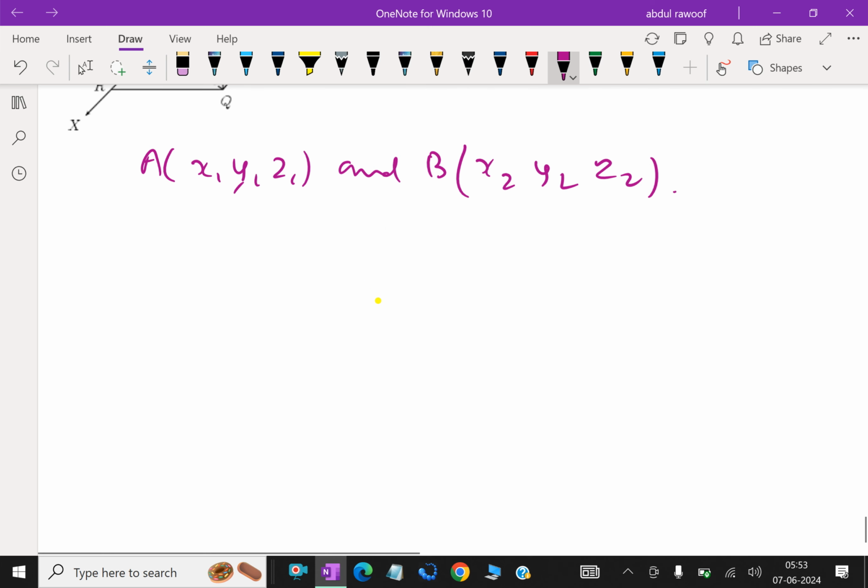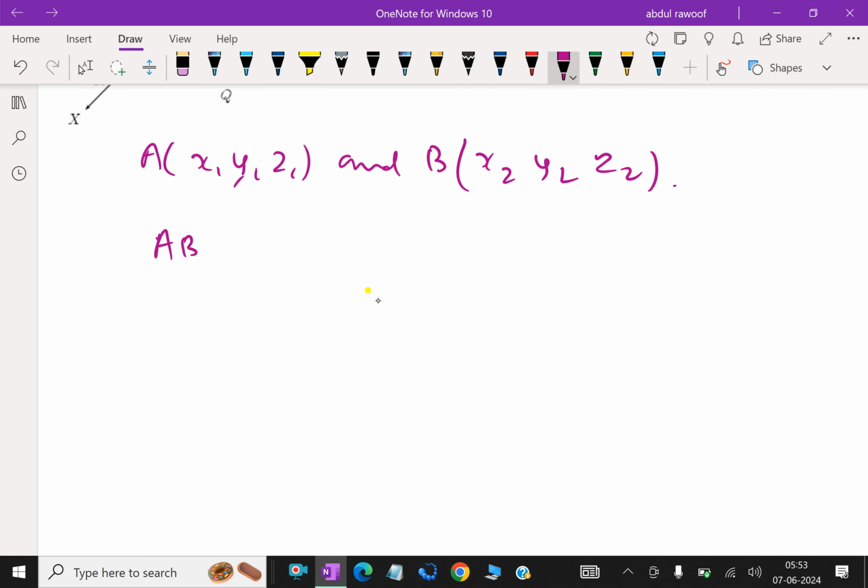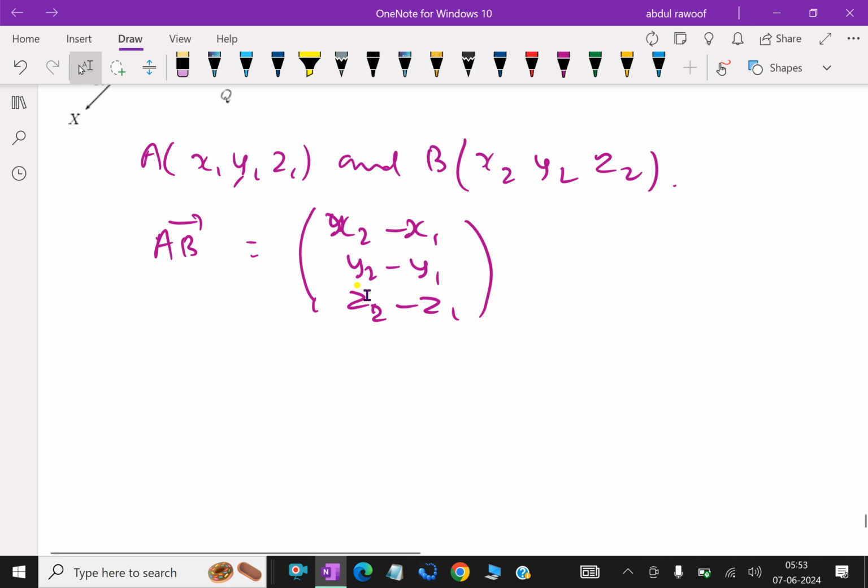Then vector AB can be represented in vector form like x2 minus x1, y2 minus y1, z2 minus z1. This is a vector in component form.